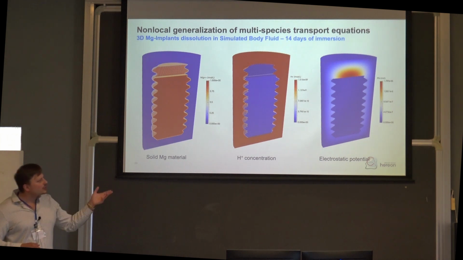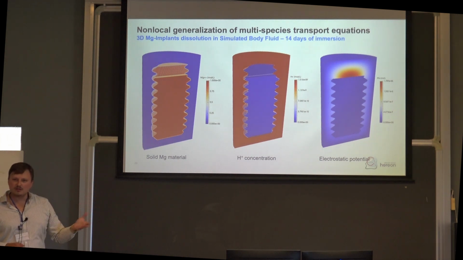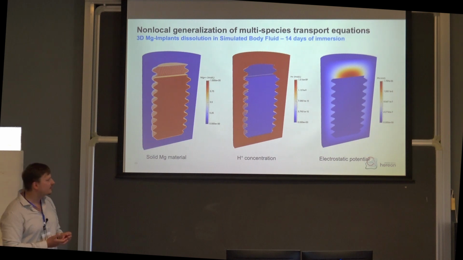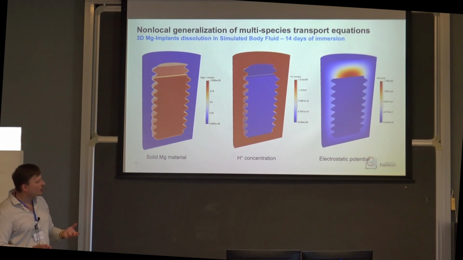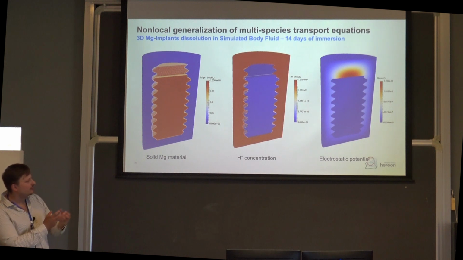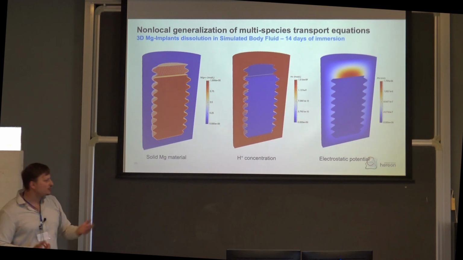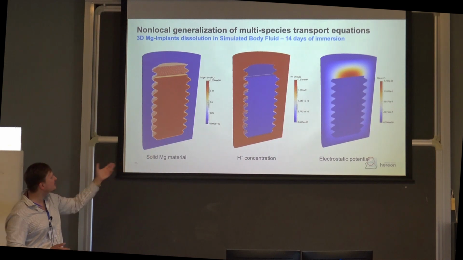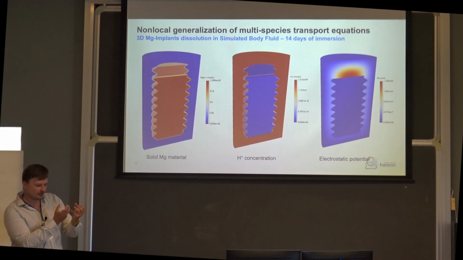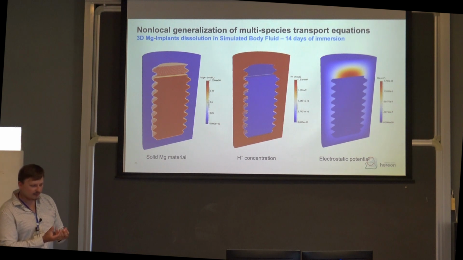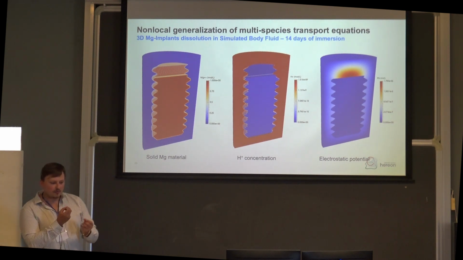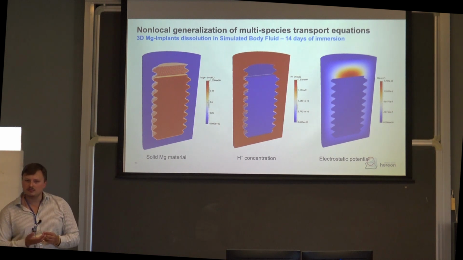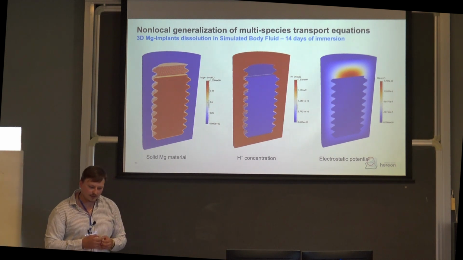Just a remark: the application of this with traditional local methods is rather difficult, because if you model the dissolution with the local equations, you would usually have to prescribe the movement of this corrosion surface. You need to model this shrinking of the material. This can be combined with a moving mesh, so some arbitrary Lagrangian-Eulerian method.